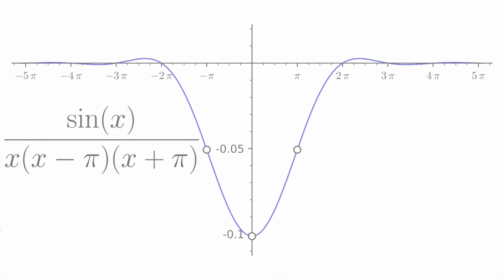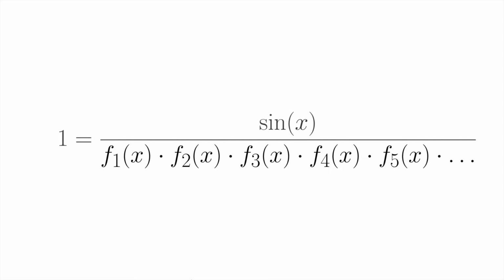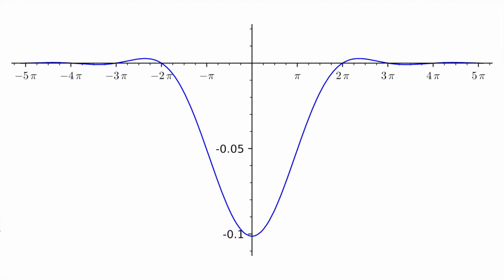In particular, remember that Euler's goal here is to write a product representation of sine of x, meaning that what we want to have left over once we factor out terms corresponding to all of the zeros is just 1. But this graph here, it does not look like it is going to be anything like the graph of 1.